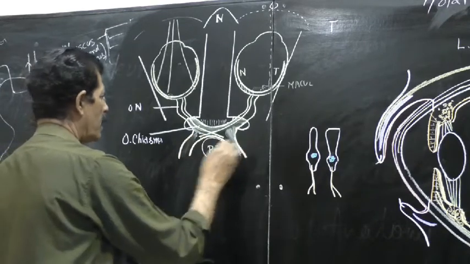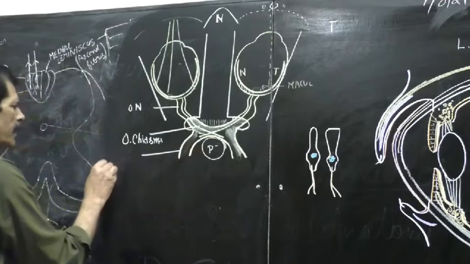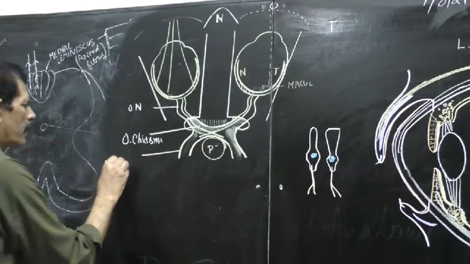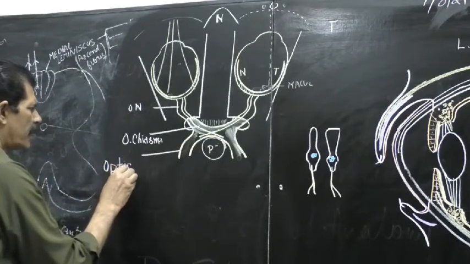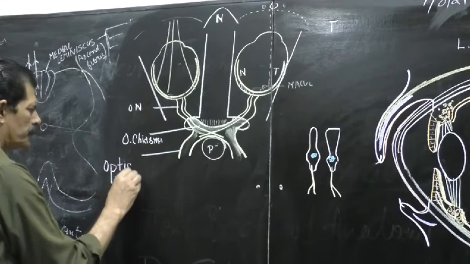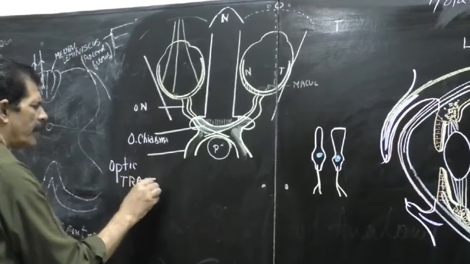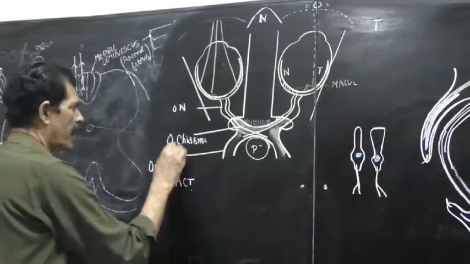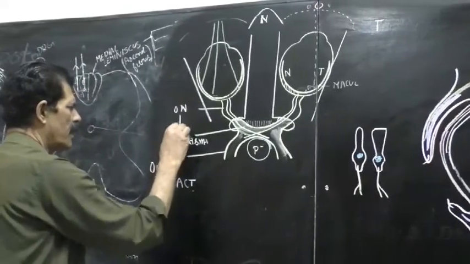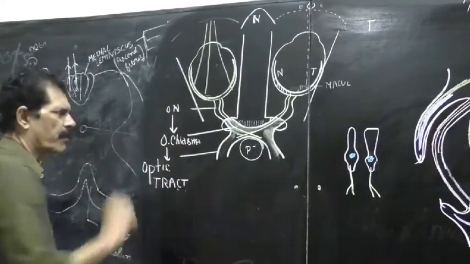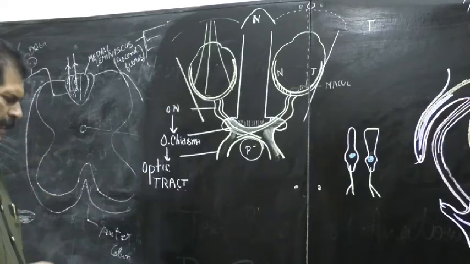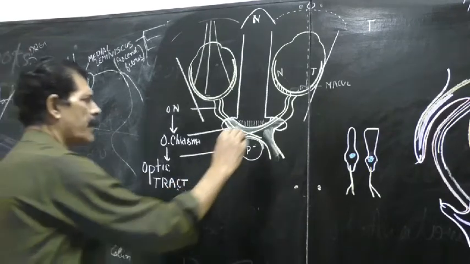and again form a bundle. This is called the optic tract. After the optic chiasma, the optic tract. The optic nerve goes to the optic chiasma, then the optic tract is formed. Now the optic tract contains two types of fibers.